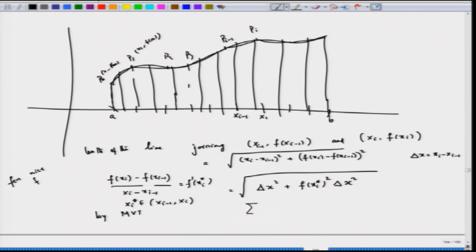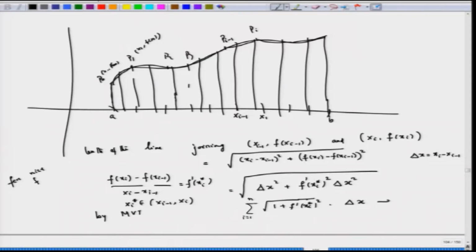If we take delta x out, this is the square root of 1 plus f prime of x I star squared, times delta x. Now, if we take the partition smaller and smaller, and f is nice such that f prime is continuous, then this is an integrable function.